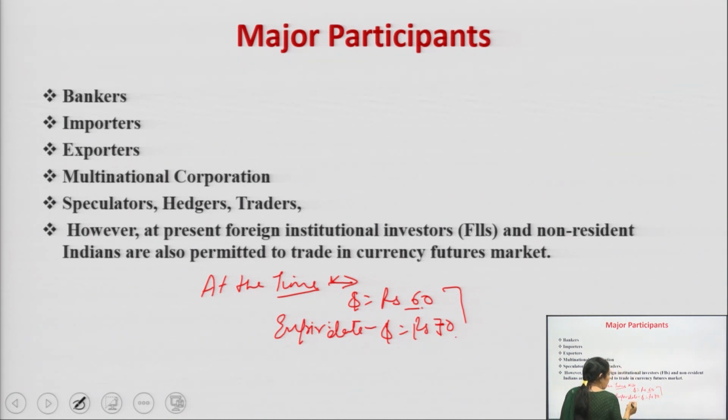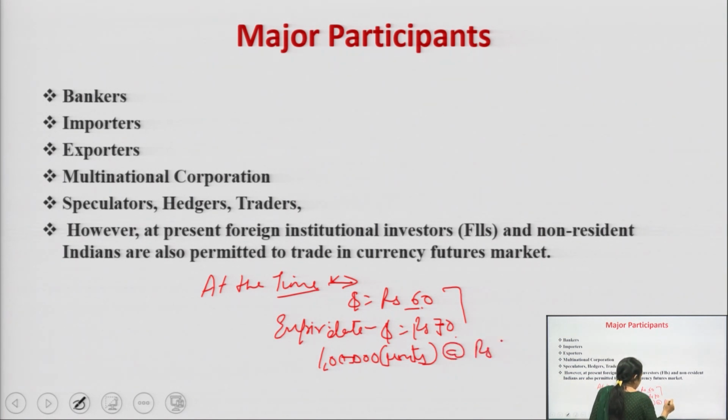In the previous slides, I showed that he buys 1 lakh units at rupees 60. It means he has to pay rupees 60 lakh.